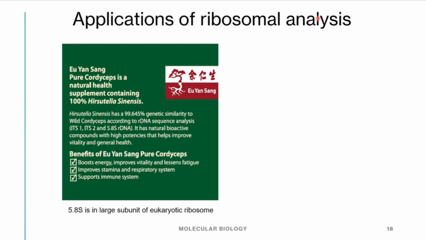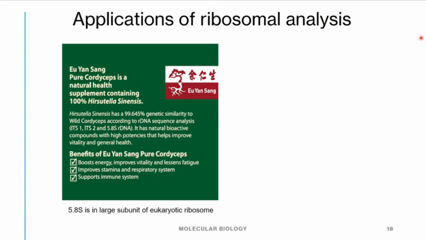If they are able to say that the rRNA sequence, or in this case rDNA sequence, is the same as the species they are comparing it to, they have very high confidence that they are using the correct species for their product.